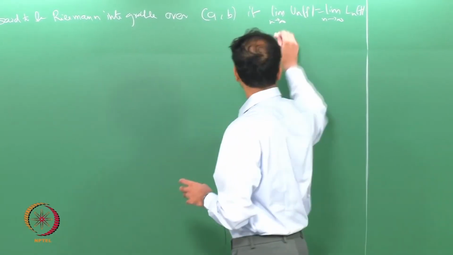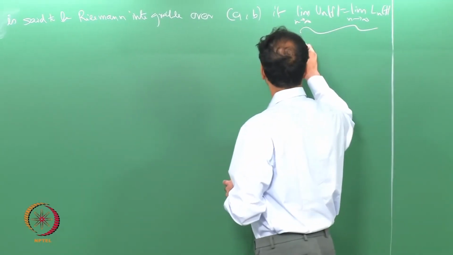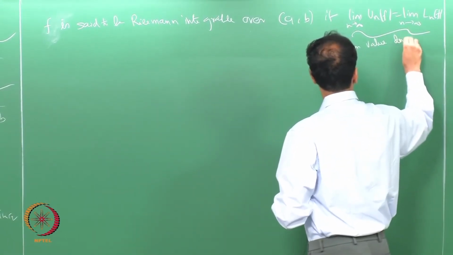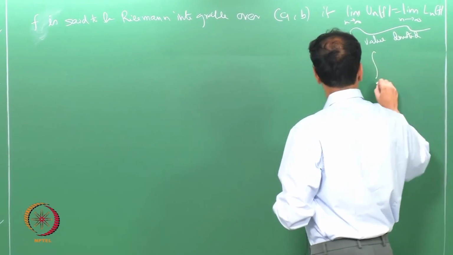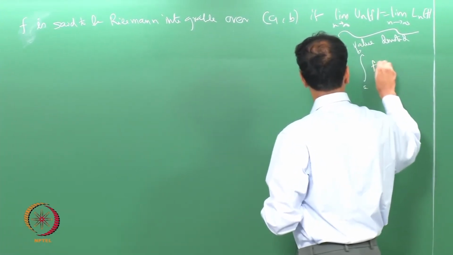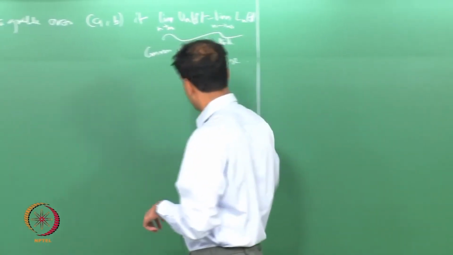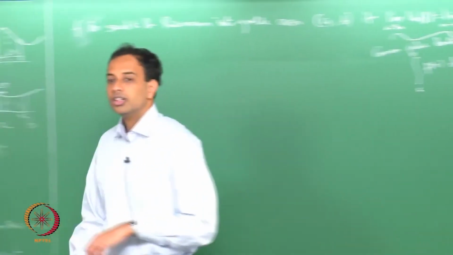This common value is denoted integral a to b f of x dx. That is your Riemann integral.